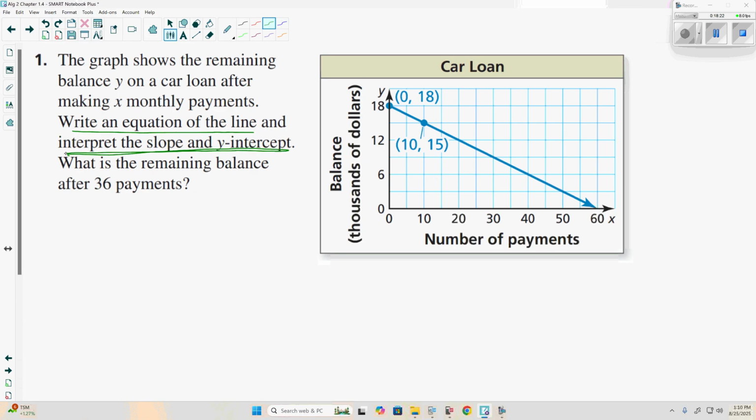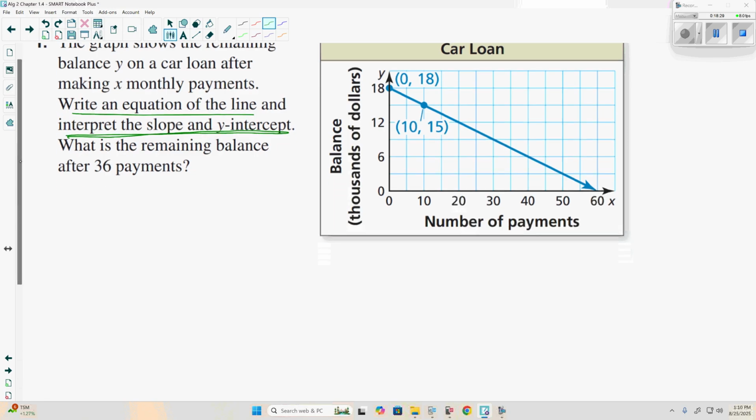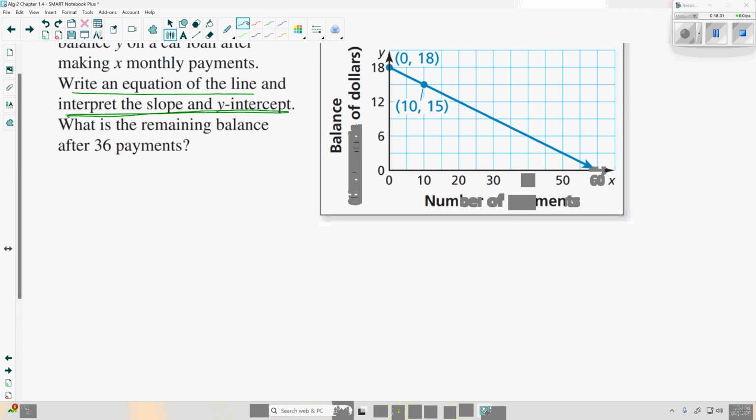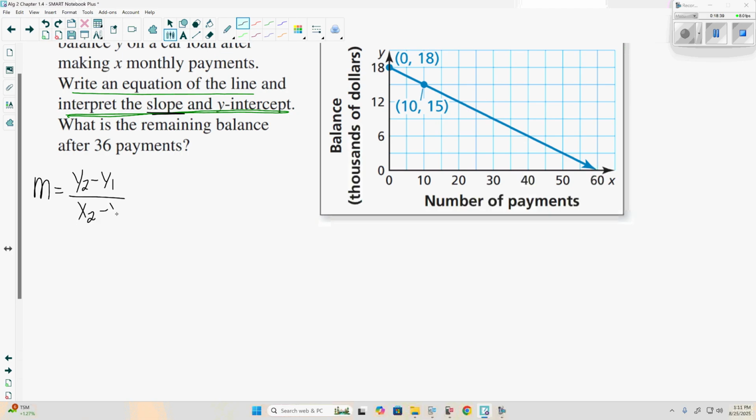So here we're interpreting two things. And we want to determine the remaining balance after 36 payments. So the first thing it might be good to find is the slope. So it might be good to find more than one point.